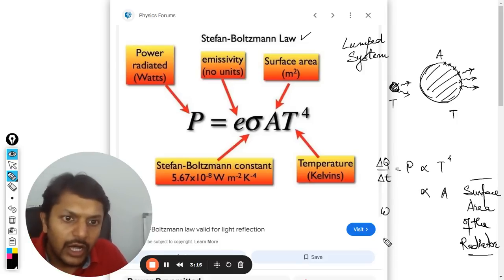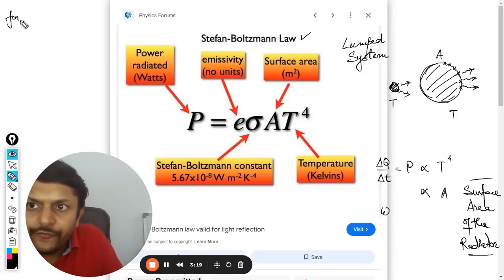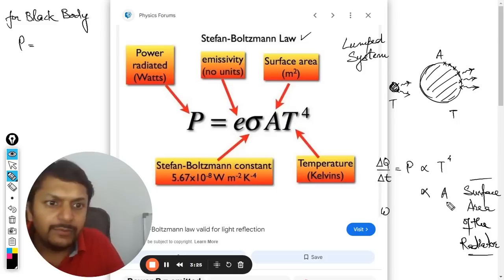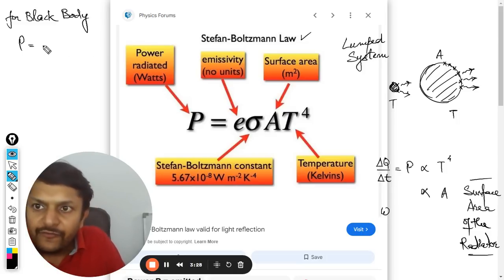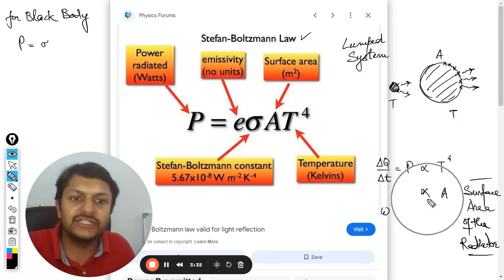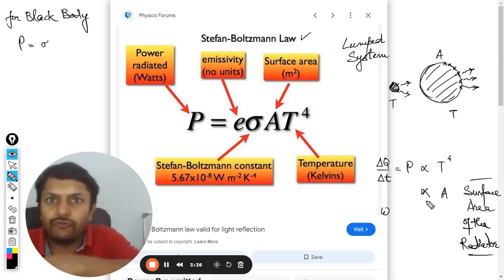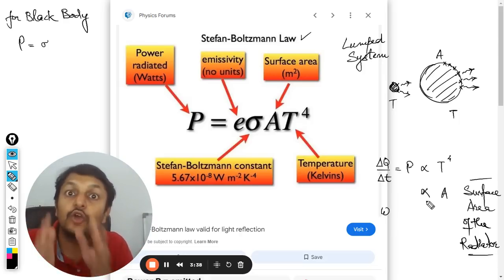So our formula for a black body, the power radiated, will be given by, we are going to introduce a constant of proportionality, because these were proportional, and whenever we have to convert this symbol into equality, we have to introduce a constant there.